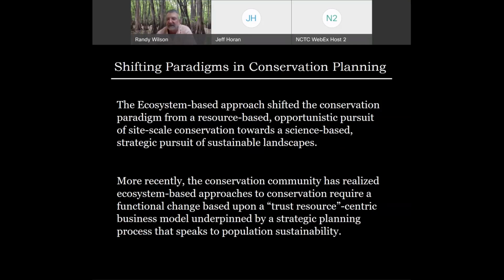But more recently, the conservation community realized that this approach requires yet another fundamental twist: we need to think more about our trust resources in that business model of how we benefit birds, and we do that by linking to strategic planning processes. The outcome is population sustainability. Before, in the ecosystem approach, it was more of a sustainable landscape, and what does that mean? Here we're really bringing it home to population sustainability, thinking about our trust resources.